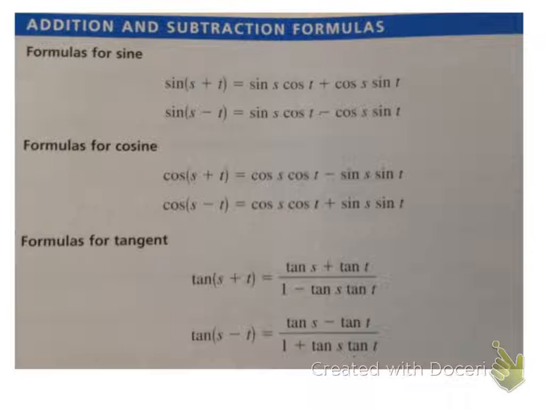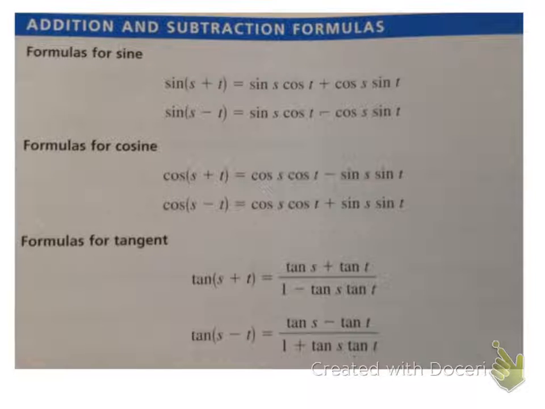Tangent. Think of tangent. Tangent is made up of a fraction, yes? Sine over cosine. So therefore, the result when you add or subtract functions leads to a fraction. Tangent of s plus tangent of t over 1 minus tangent s tangent t. Notice they are the exact same thing for the subtraction.